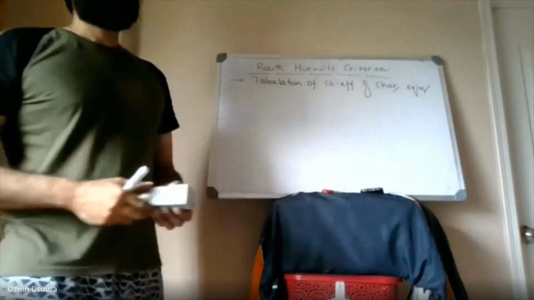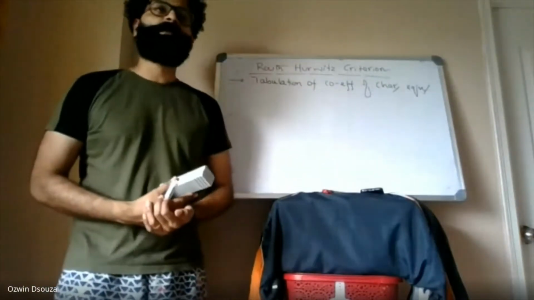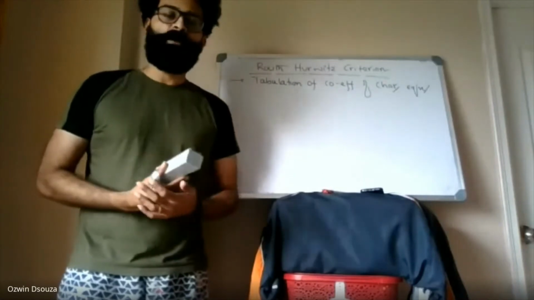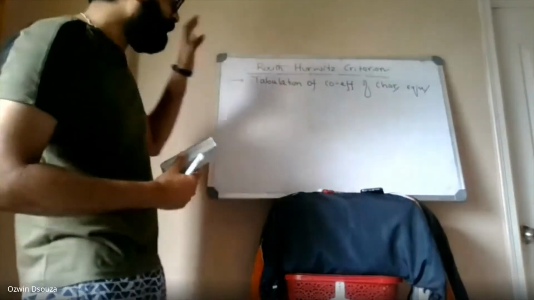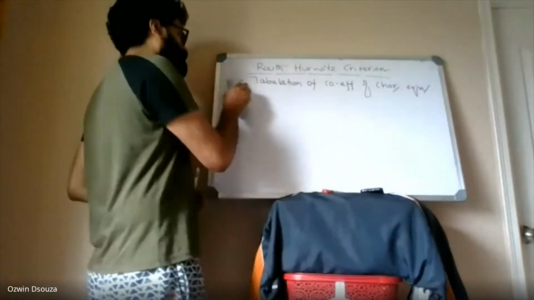So it is somewhat similar to your Hurwitz criteria. Even in Hurwitz criteria, what you have done was collecting the coefficients of the characteristic equation. Even in Routh-Hurwitz criteria, we would be doing the same thing, but in a different plane.